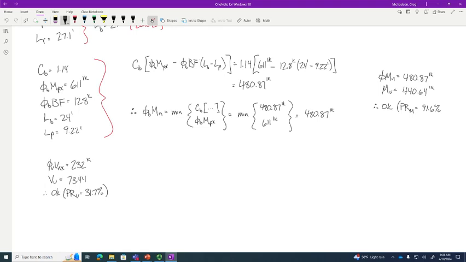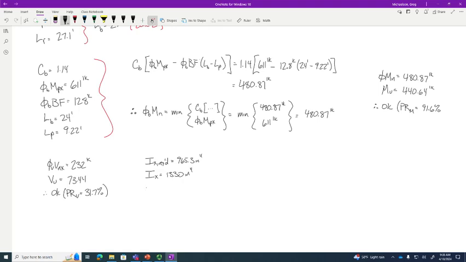And then finally, if you want, you can compute deflections. What I'm going to do is just say Ix required is 965.3 and Ix actual is 1330.